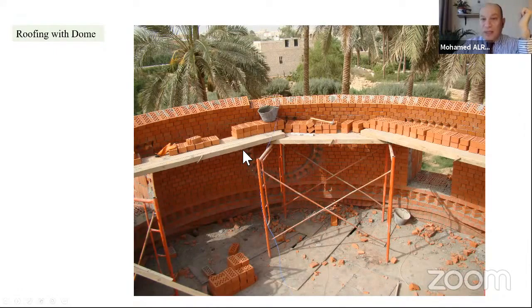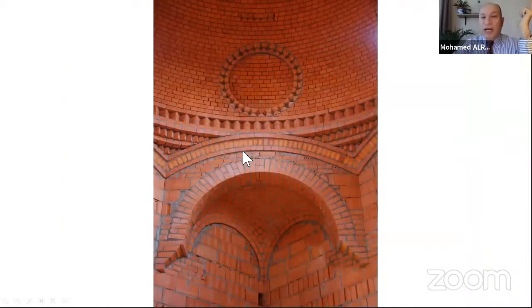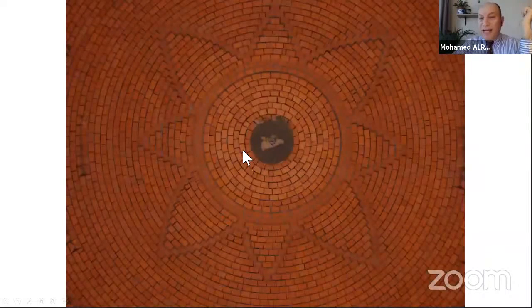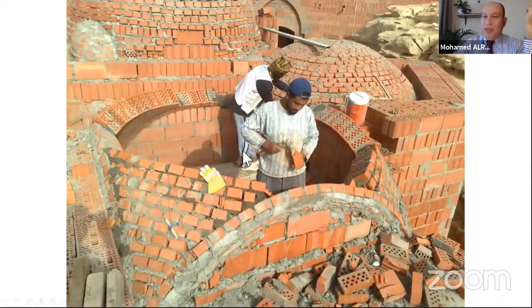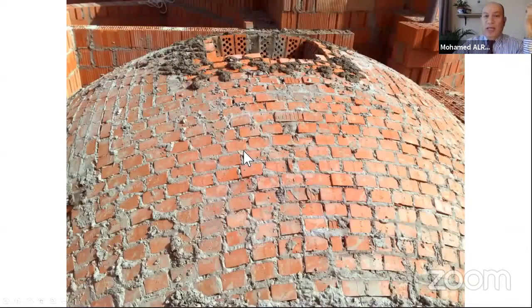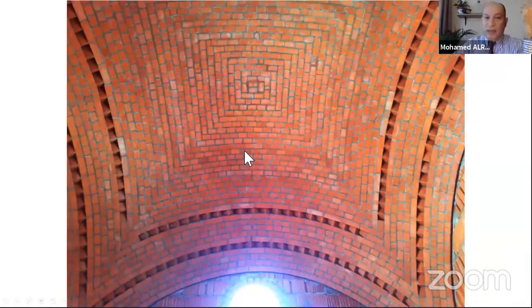We have domes with big spans. We have different types of domes. We have flat domes, we have square domes. We have intersected vaults.